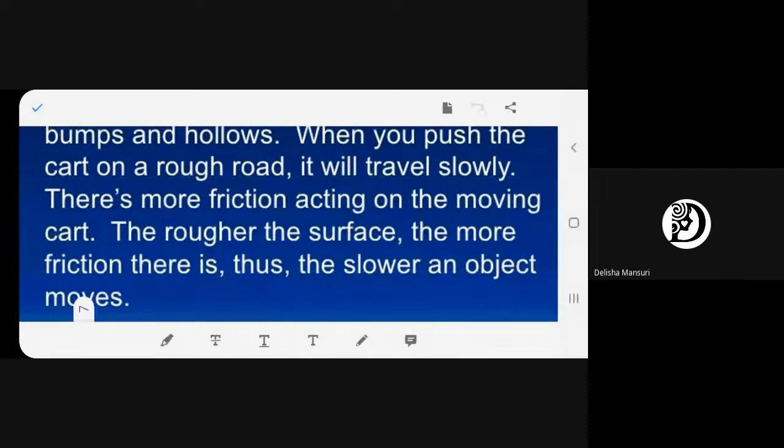Exactly, for transportation. Very good. So a cart is used for keeping the luggage or the burden, or keeping the goods. Fine, very good.